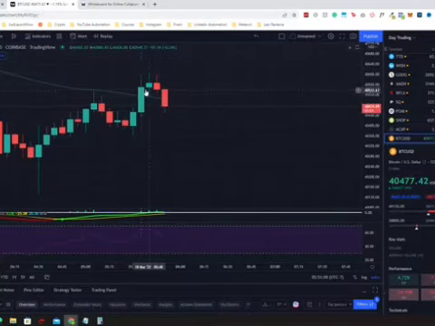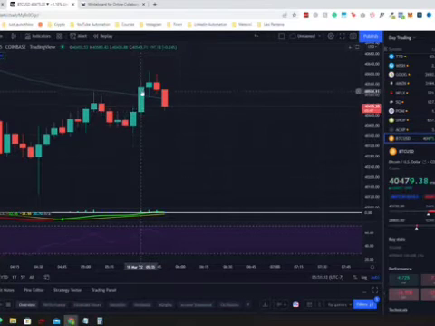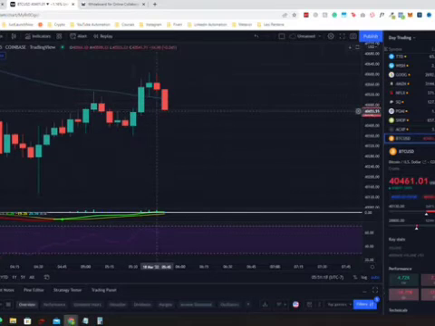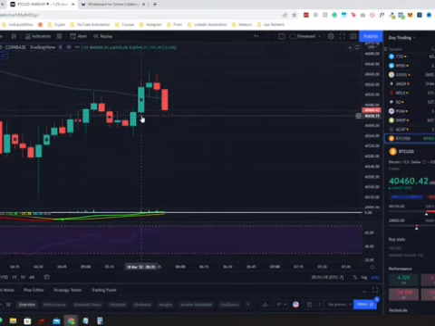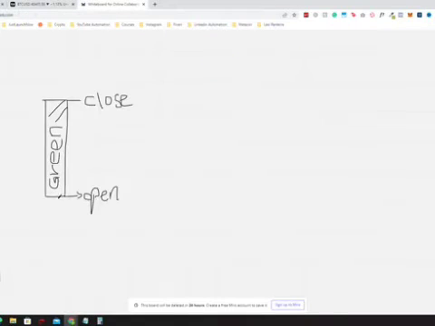Now, you can also see that even though it opens at a certain price and closes at a certain price, a part of the candle keeps going up, and a part of the candle is going down here as well. So what are those? So it looks like that and like that. So it doesn't have to be the same size.